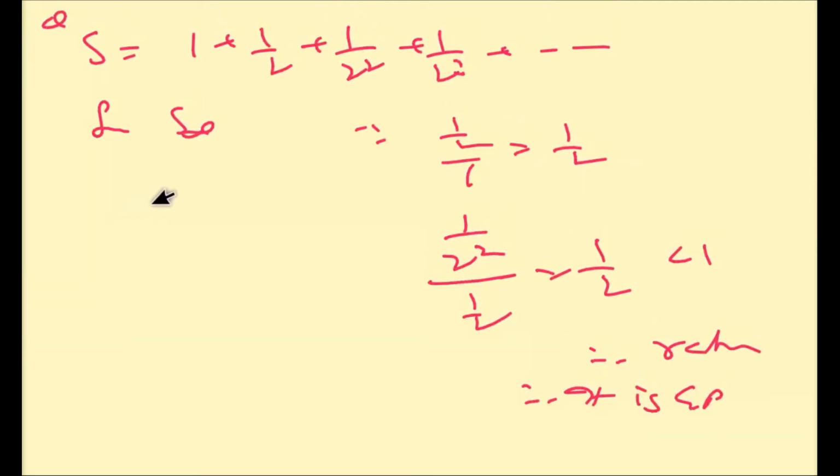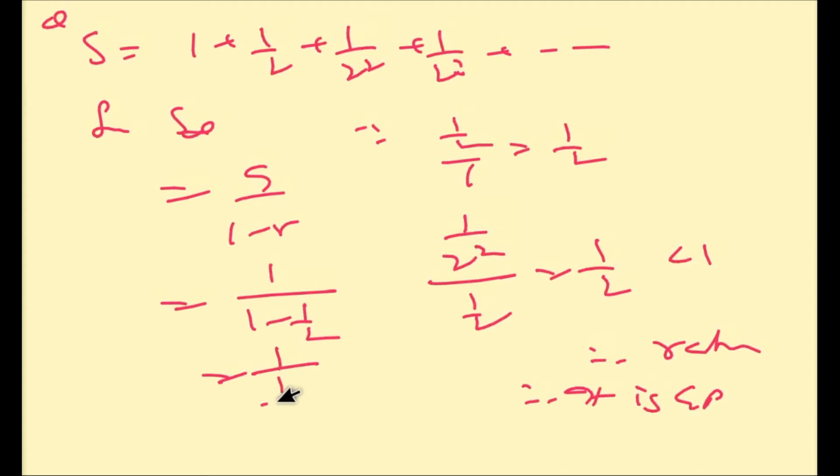So S infinite is a upon (1 minus r), 1 upon (1 minus 1 by 2), 1 upon 1 by 2 equal to 2. Okay, answer, student. So this way you can find the sum of infinite terms. Right, student? Since here we are using the formula, r is less than 1. Okay, student.